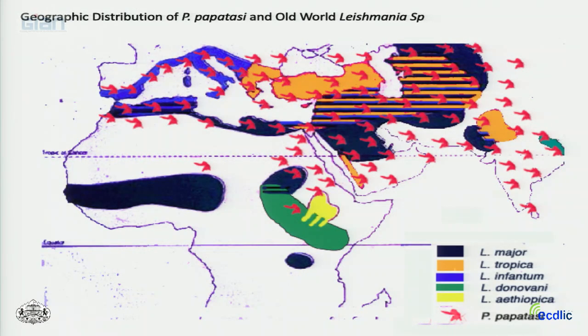Now, here's L. major transmission in this part of Africa. It's a closely related species of Phlebotomus fly called Phlebotomus duboscqi, but it's not Phlebotomus papatasi. So there's a slightly different relationship between the sandflies found here and transmission of L. major.